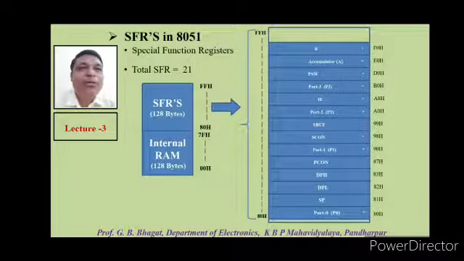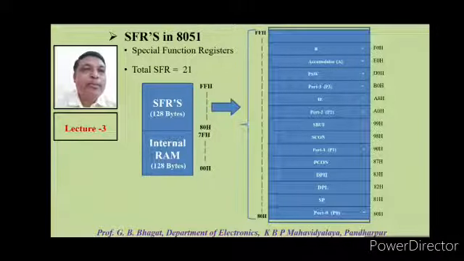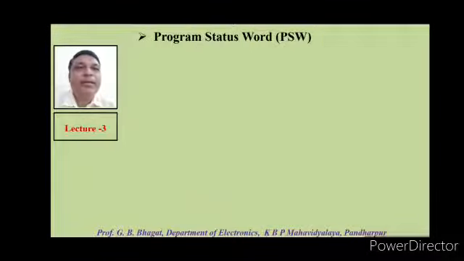Therefore, there is no proper sequence of the addresses if we see this map of the SFRs carefully. At address FF, that is the last address of this block, that byte is blank, that is it is not used for any SFR. The next, let us see PSW, that is program status word of the 8051.